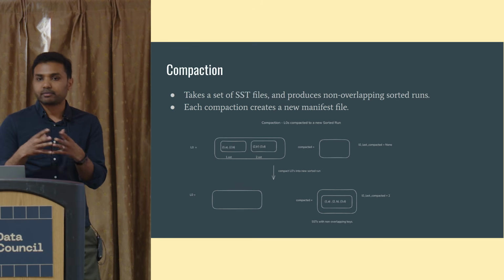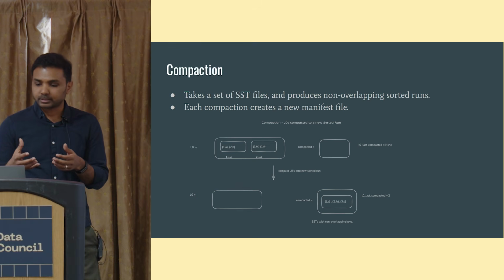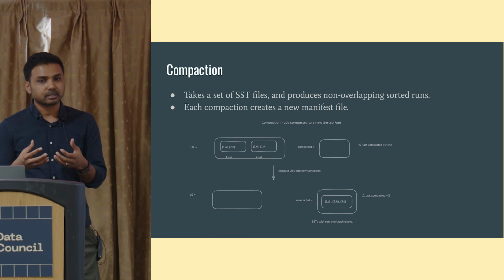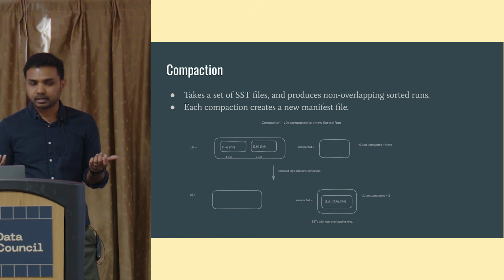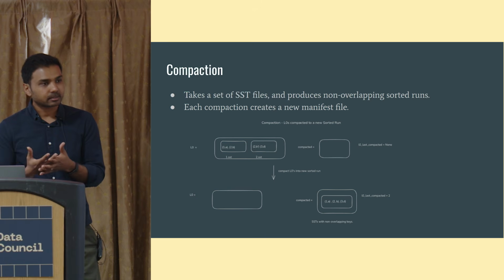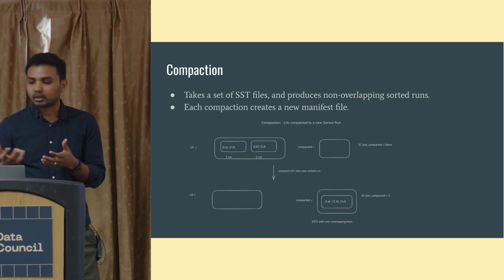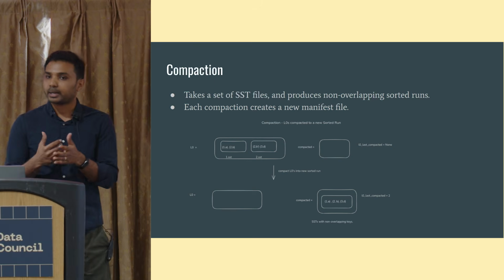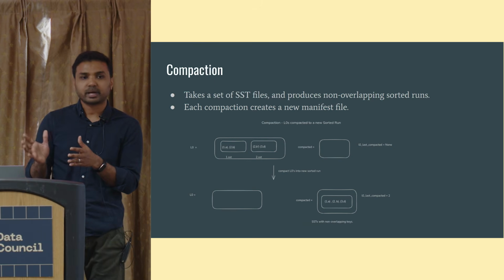There is a different component called the compactor that takes these small files and then creates larger files. These small files have overlapping keys. When compaction kicks in, it's going to create sorted runs, and they don't have overlap. They have non-overlapping keys. Every time a compaction runs, it creates a new manifest file.